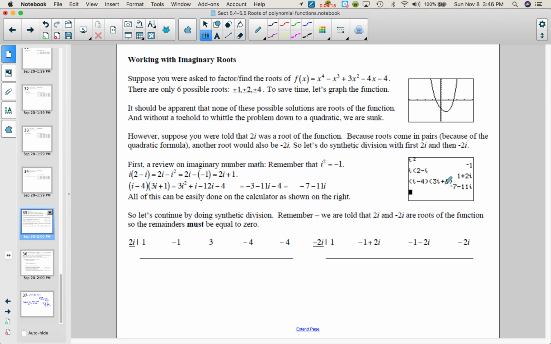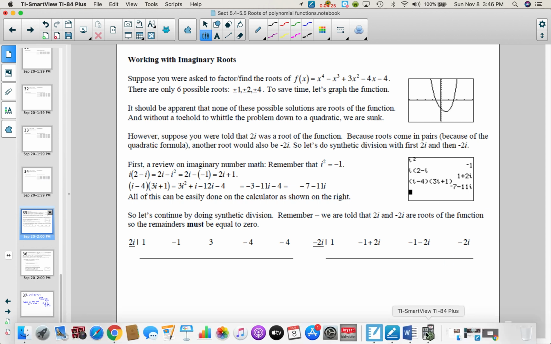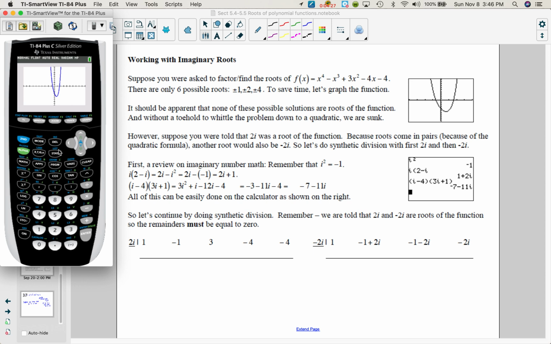So you can do imaginary number math on your calculator. We haven't really done that, but if you want to, you can, and this is what you do. It's not the greatest, but if you hit the mode key and you go to, instead of real numbers, which is right down here, you go to a plus bi. And if you select that, then if you wanted to do something, I'm going to just show the example they have.